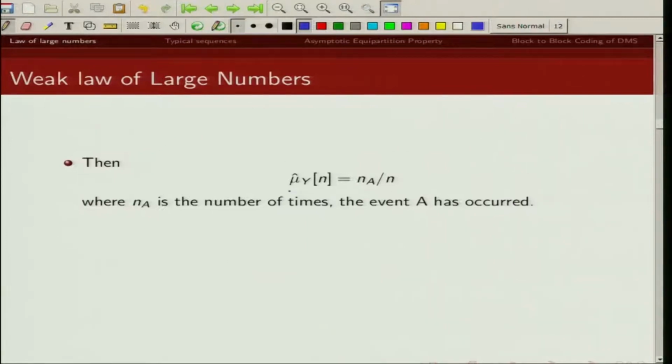Next, we define mu hat of y as Na by n, where Na is the number of times that event A has occurred out of n times. So, Na times event A has occurred and n minus Na times event A has not occurred.